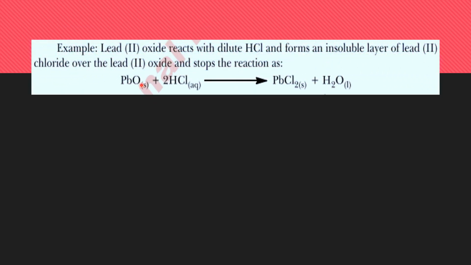For example, lead oxide reacts with hydrogen chloride acid, and when it reacts with hydrogen chloride, it forms lead 2 chloride. This lead 2 chloride is an insoluble layer, and it forms, and further reaction stops here.